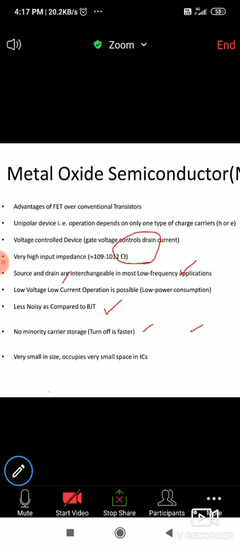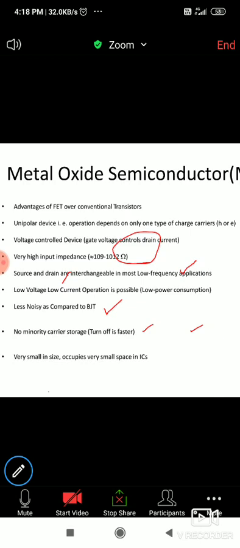Meaning if you take any semiconductor bar, if we apply drain on one side, the remaining side is source, and if you take the other side as drain, the remaining side is source. This is interchangeable. Next, low voltage, low current operation is possible because of lower power consumption, and it is less noisy as compared to BJT.